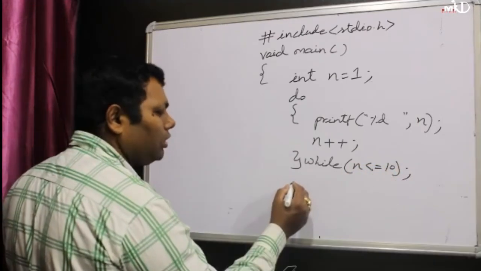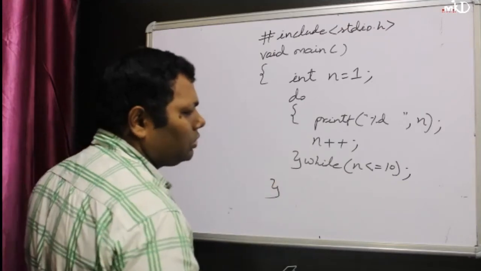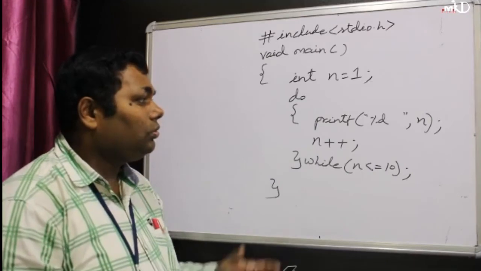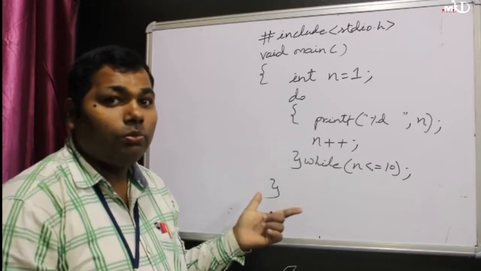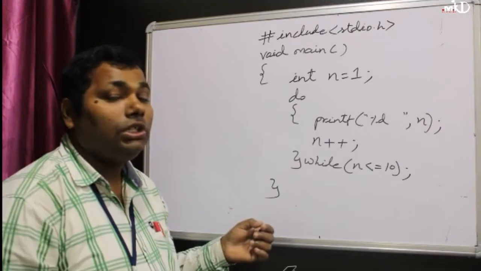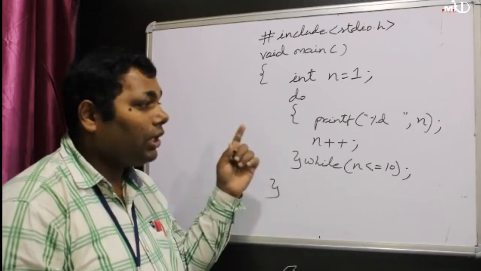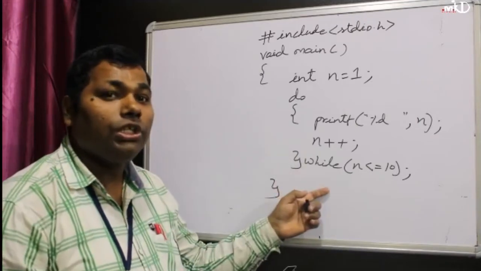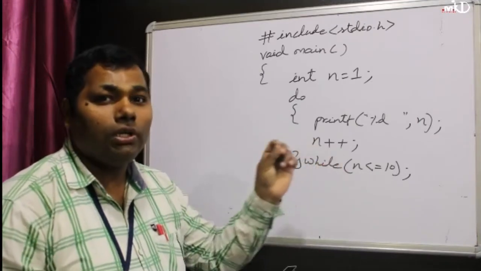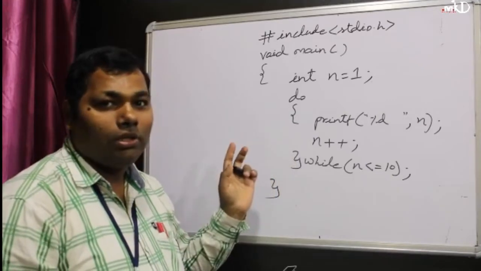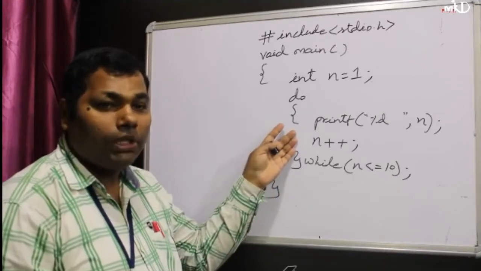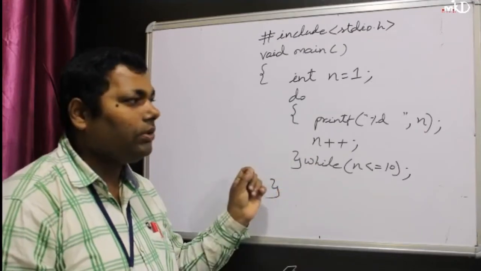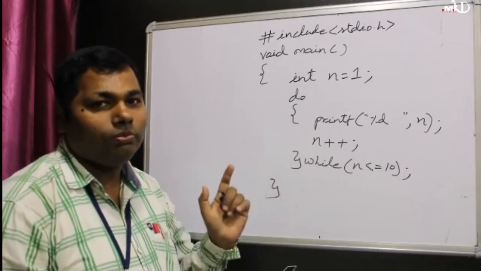Okay, then close. Clear? So both programs give the same output, but what is the difference? In case of while loop, it checks the condition first, whereas in the do while loop, it checks the condition after executing the body part one time. After the body part executes one time, it will check the condition. Clear? So that is the difference between the while loop and do while loop.